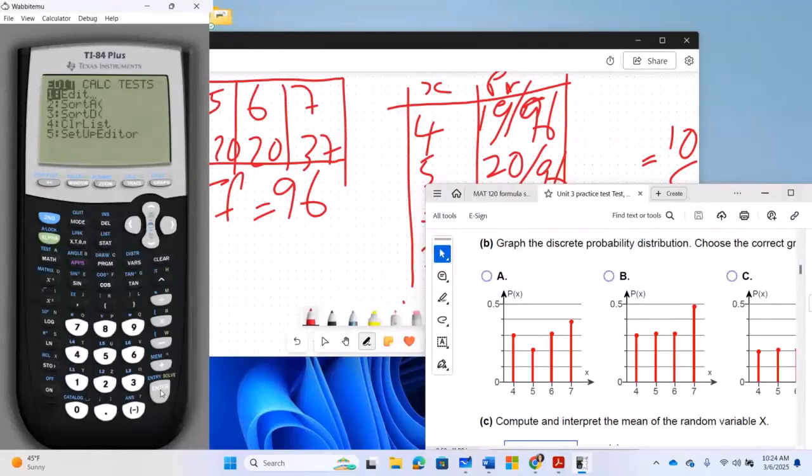and probability in L2. So I'm going to clear L1 and L2.